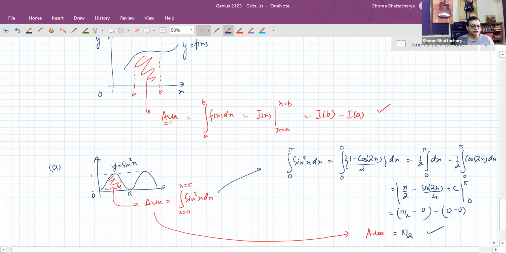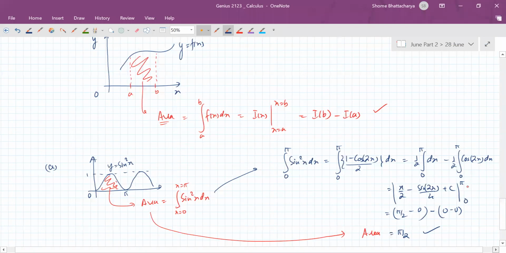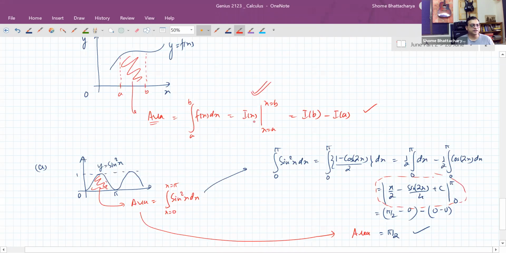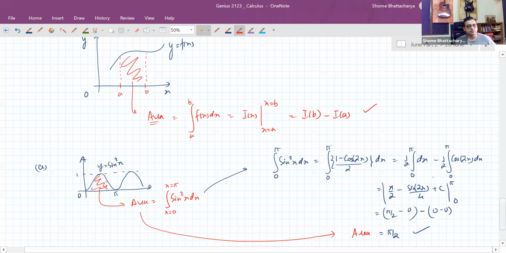In this step, we have substituted the limits. Basically, up to this step, this is the indefinite integration. On that, we are putting the limit 0 to pi. So this is the value of the indefinite function at the upper limit b, which is pi, and this is the value at the lower limit, which is 0. If I elaborate that a little, I can add some steps here. Understood? Yes, sir.